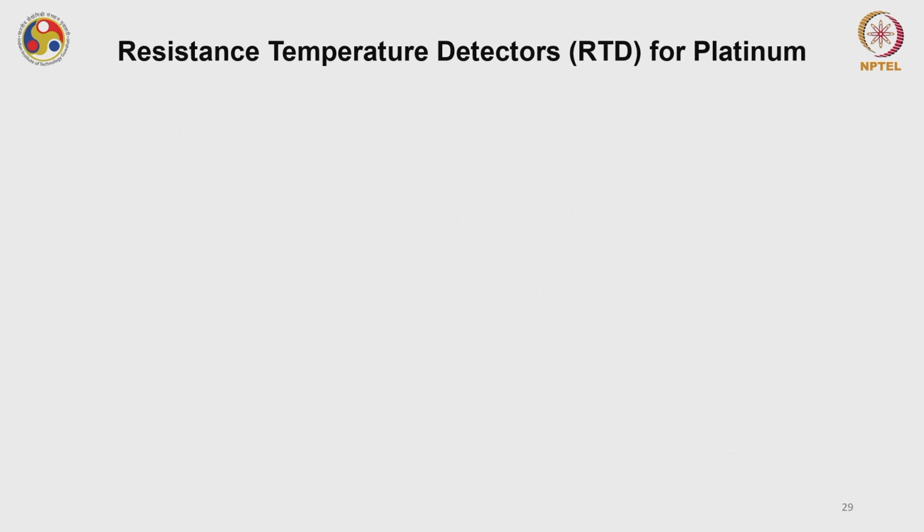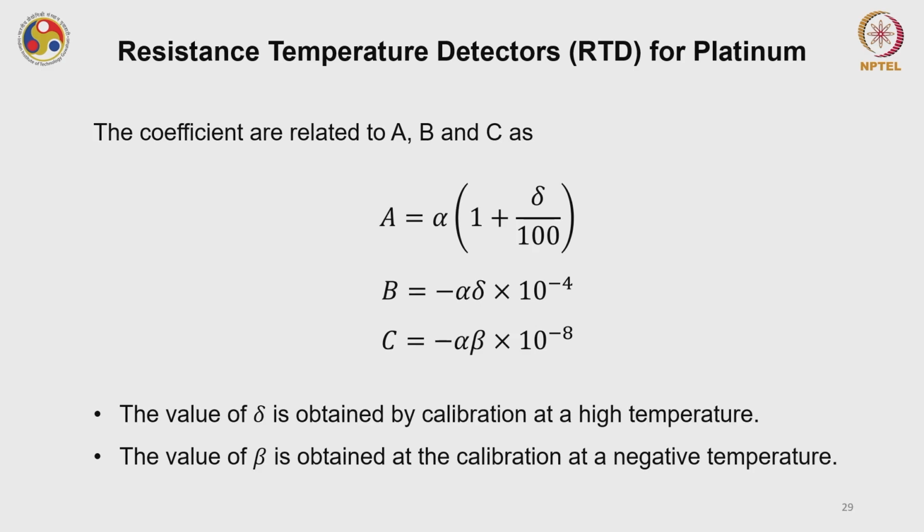The coefficients of this relationship are A is equal to alpha into 1 plus delta by 100, B is minus alpha delta into 10 power minus 4, and C is minus alpha beta into 10 power minus 8. The value of delta is obtained by calibration at higher temperature. The value of beta is obtained by calibration in the negative temperature region.